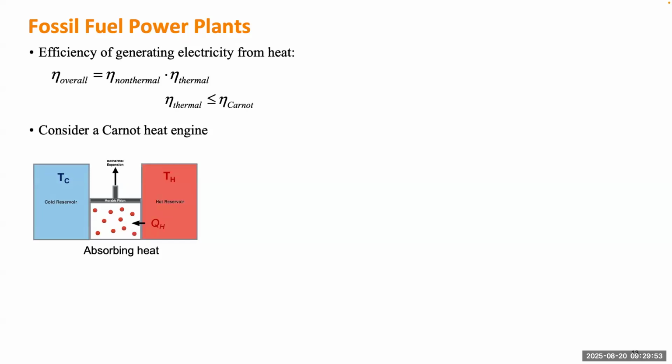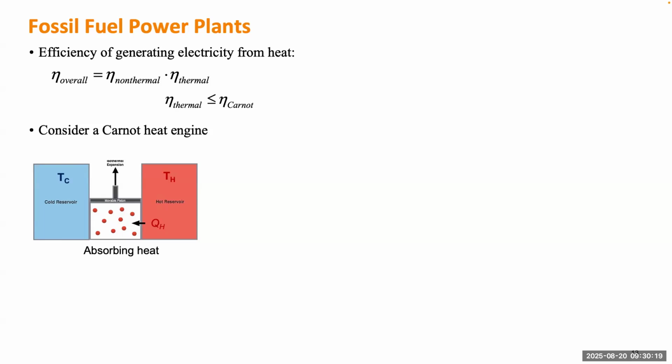We call the blue one the cold reservoir, and the red one the hot reservoir. Each tank has infinite size. It can maintain the same temperature all the time, and there's a space or tank whose volume can change based on a piston. The piston can move down and up.